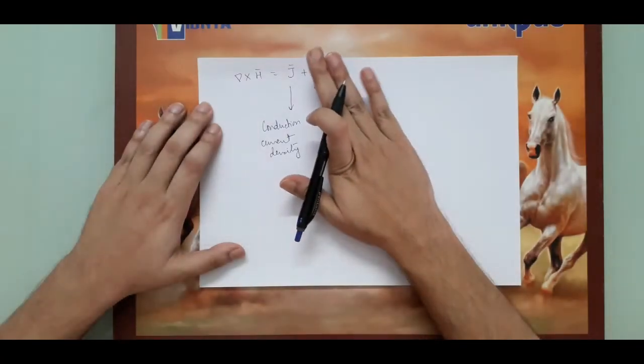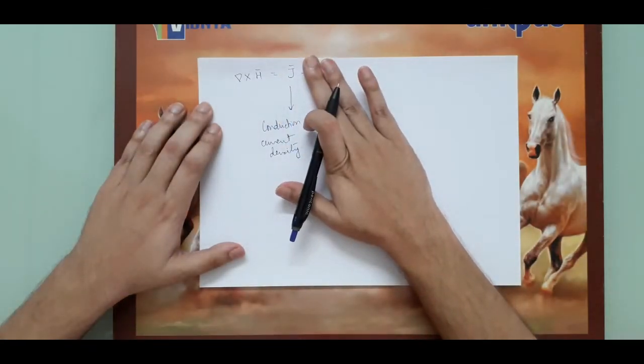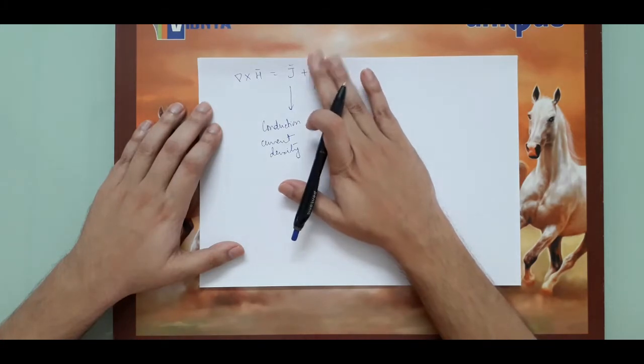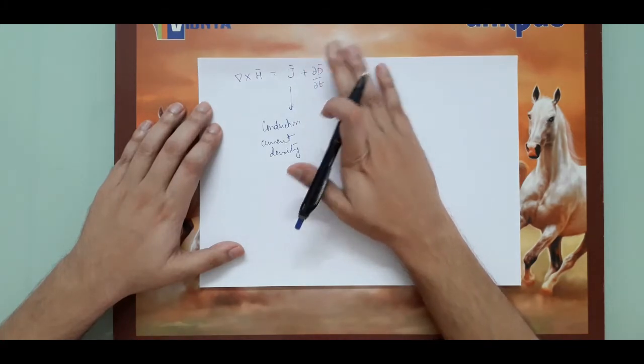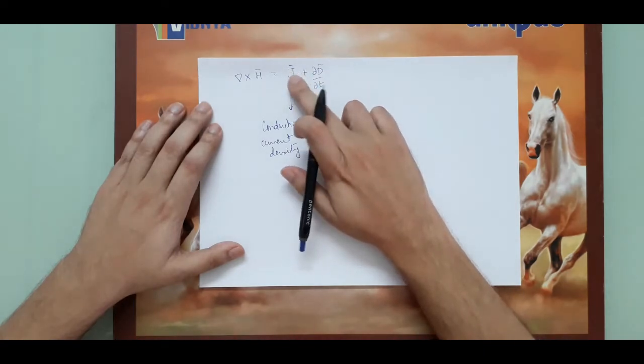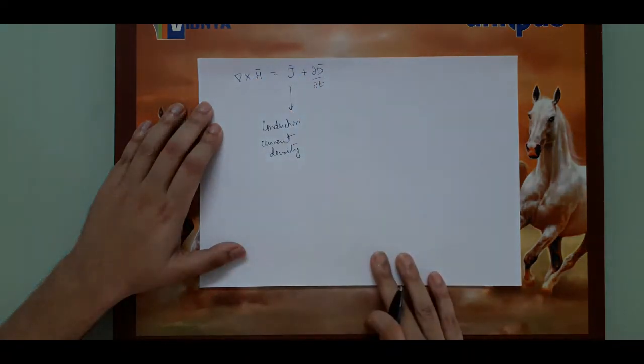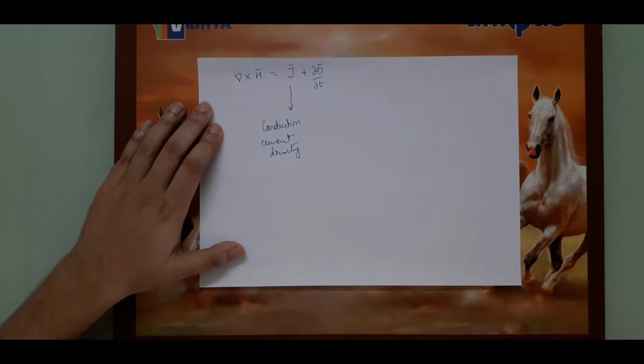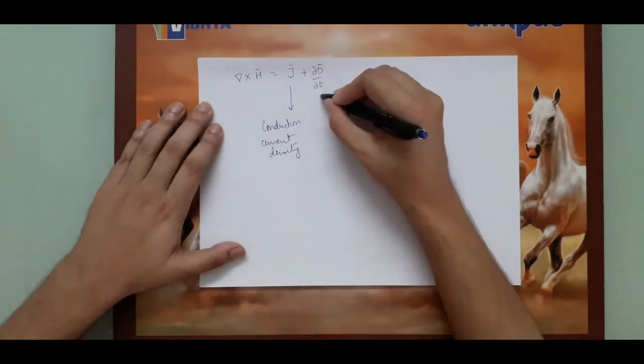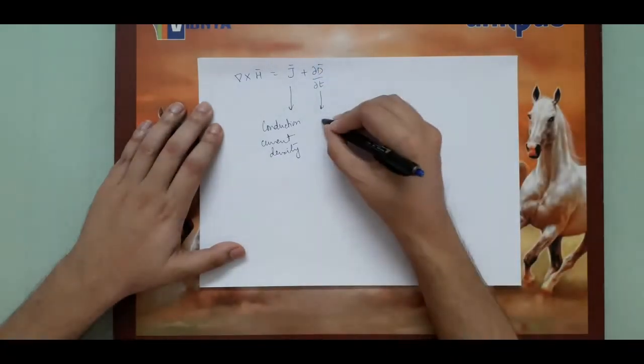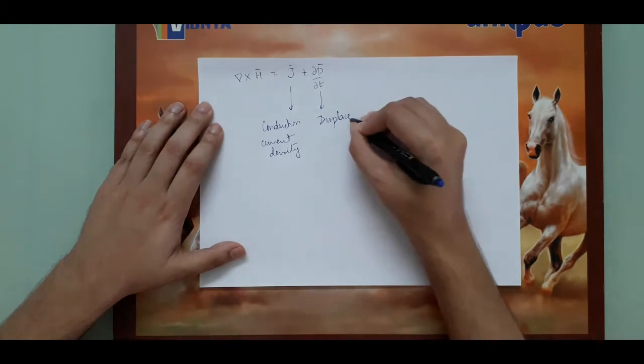So originally, when Ampere proposed his law, the second term was not there. But there are many examples in real life where even without having J, you can have a magnetic field. That means you can have a magnetic field without having a physical conductor which is carrying current. So that happens because of the second quantity, which is called the displacement current density.